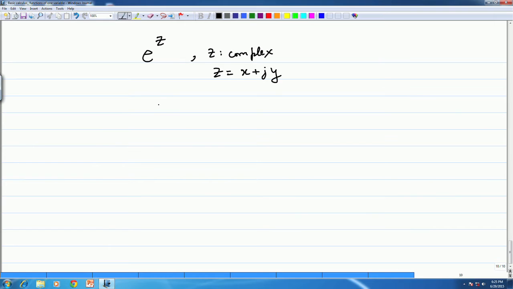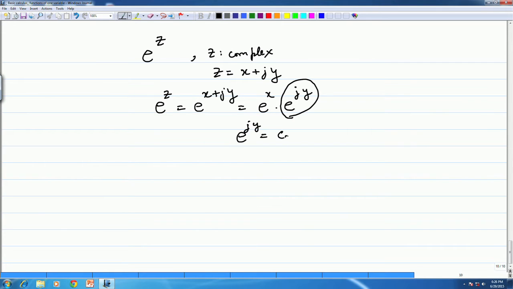Okay. And if you look at e power z, it is e power x plus j y, and that is nothing but e power x times e power j y, and it turns out this type of an expression has a very simple simplification. It turns out, and this you might want to remember, e power j y is cos y plus j sin y.